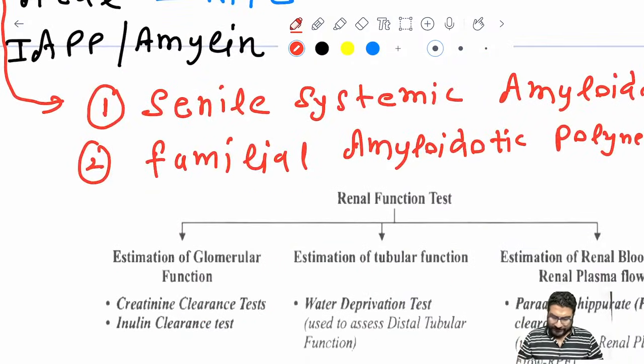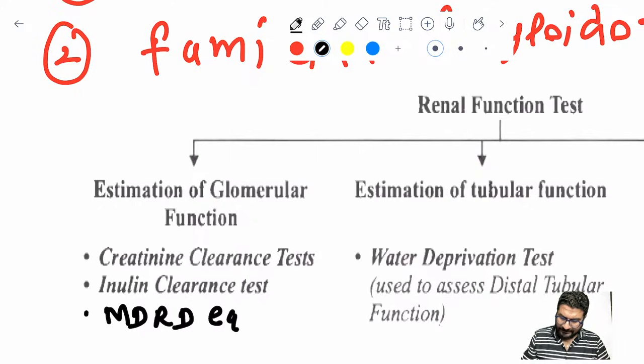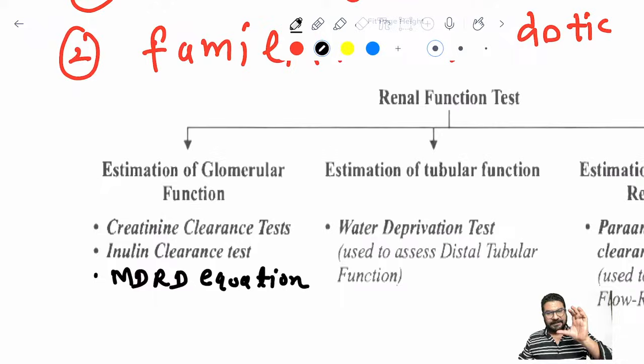Okay, now moving to renal function. So look, GFR, how we can measure GFR: by creatinine, by inulin, then we can have an equation called MDRD. MDRD equation means if you see any KFT report these days, kidney function test reports, they have calculated GFR from MDRD, meaning modification of diet in renal disease.